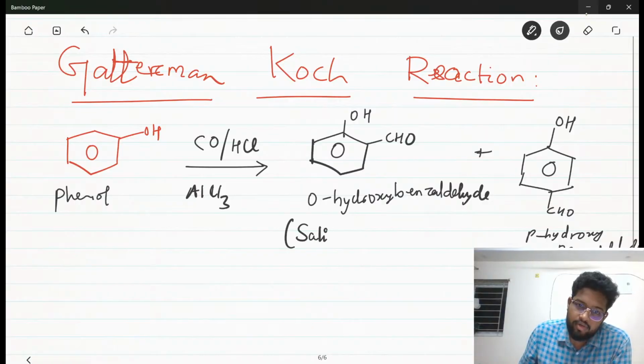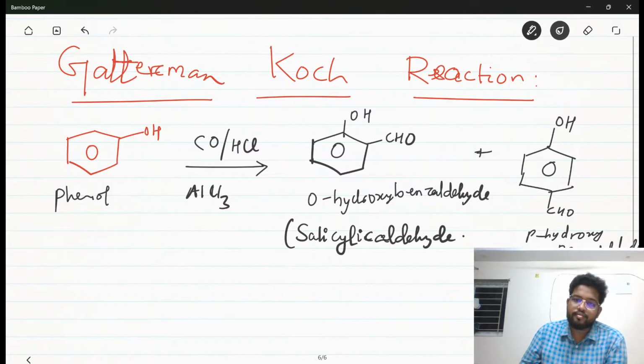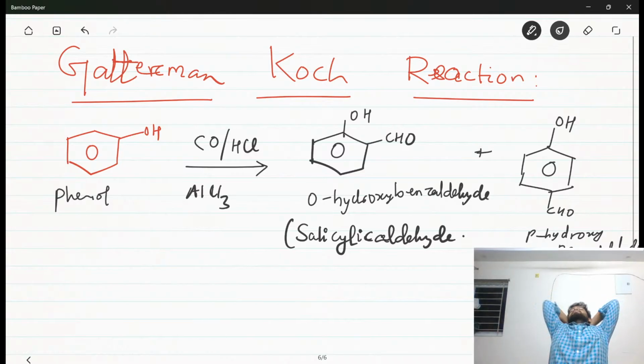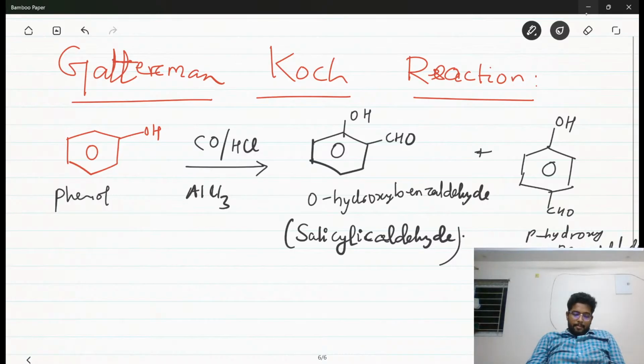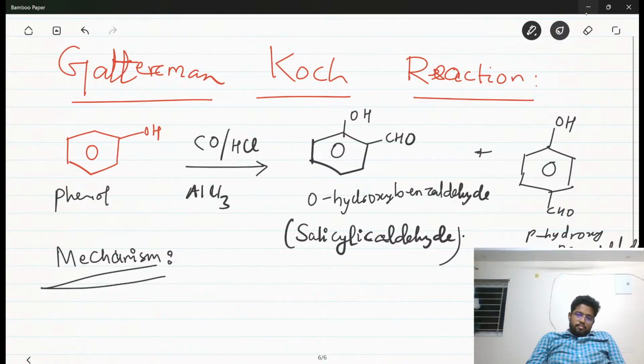What is the name of ortho-hydroxybenzaldehyde? Salicylic aldehyde. This salicylic aldehyde forms. Now mechanism. Let's check the mechanism.